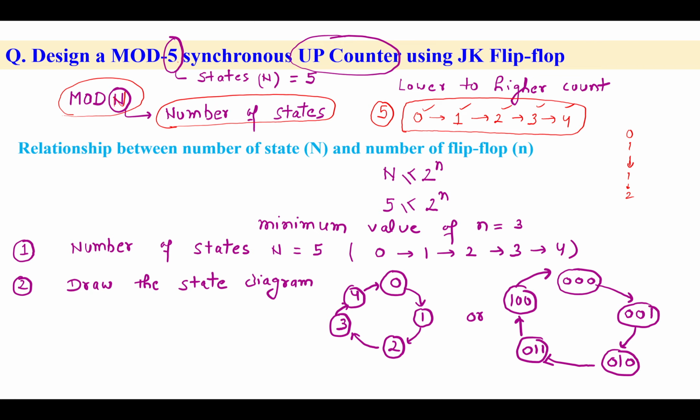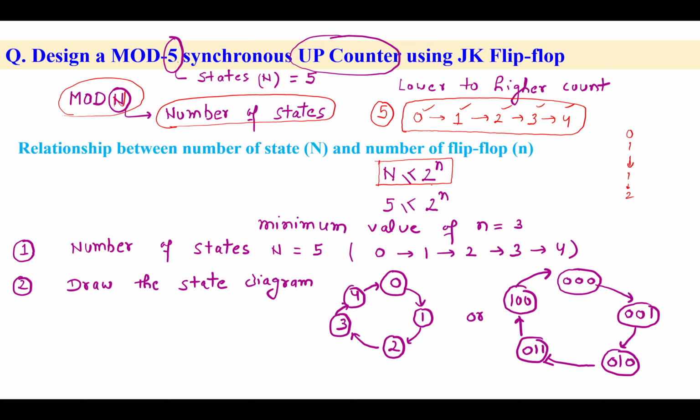But the question is that every counter is designed with flip-flops, and we do not know how many flip-flops are required for counting the states from 0 to 1, 1 to 2, 2 to 3 and 3 to 4.